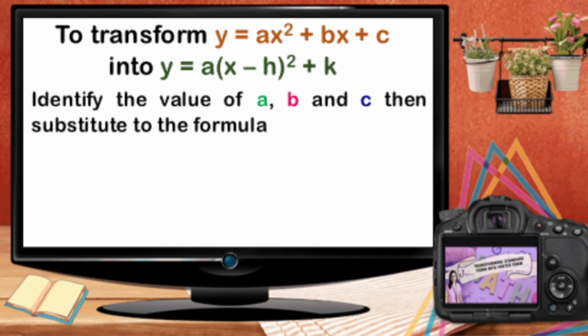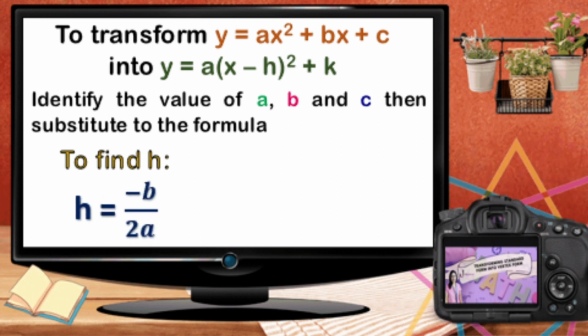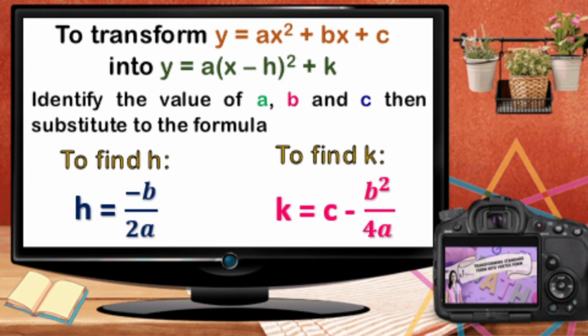So what is that formula? The formula in finding the value of h. To find the value of h, the formula is h is equal to negative b over 2a. And to find the value of k, the formula is k is equal to c minus b squared over 4a.